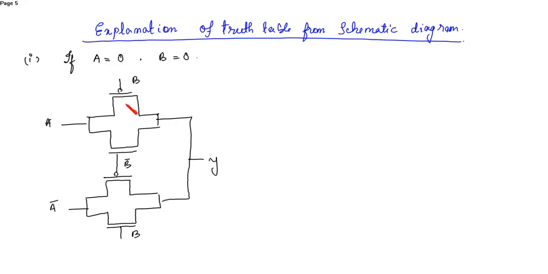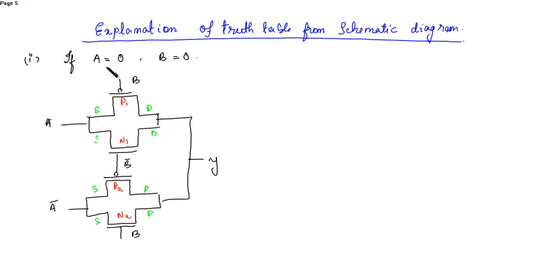Now let me label the input and output first. This is P1, P2, this is N1, this is N2 for this case. These are the sources, drains, sources, drains.